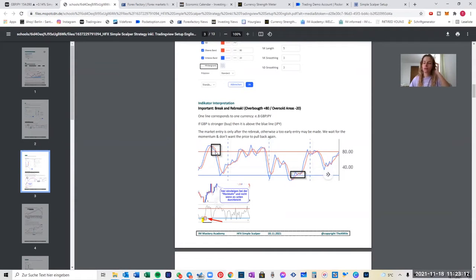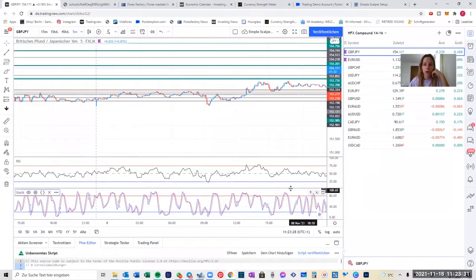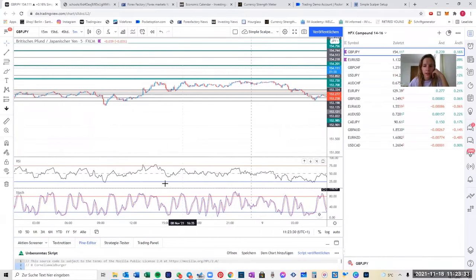That's a really good sign to sell, because red is now the boss, and you see it's going down, down, down, down. So that is a good indicator for us. We are searching for that, for the blue also to be the boss. Yeah.